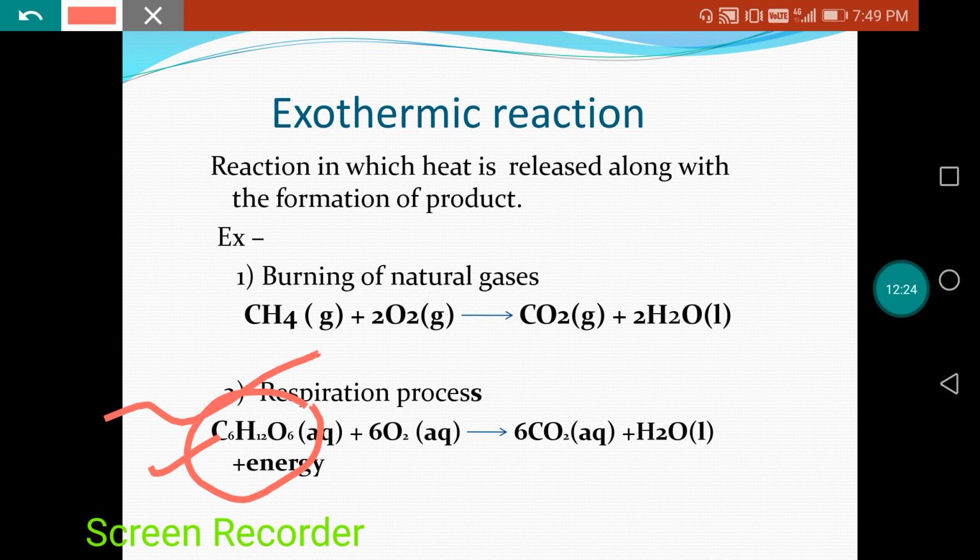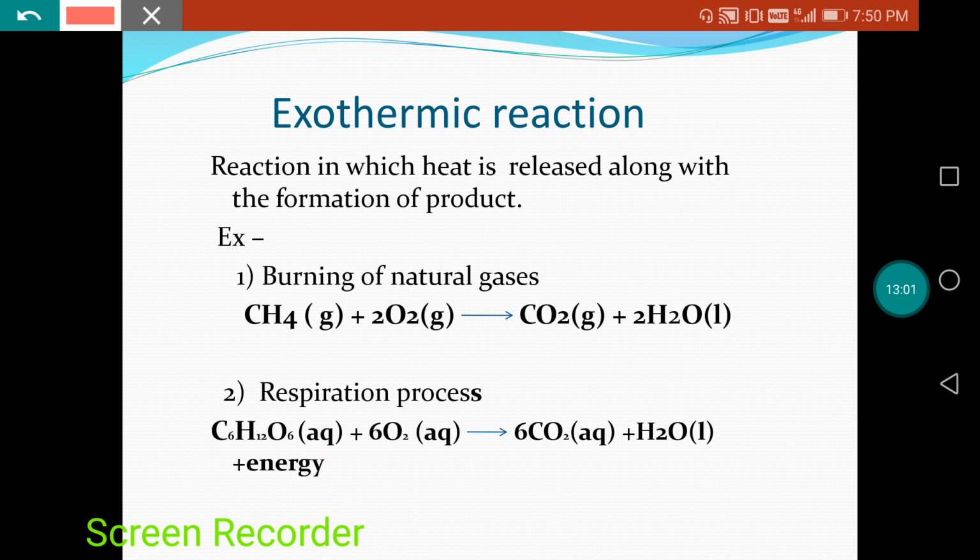When we take in oxygen with the help of our respiratory system, this oxygen reacts with glucose and it is converted into carbon dioxide and water. And here it is written energy. Energy means heat. When glucose is converted into carbon dioxide, you can tell that this is an exothermic process because during this process heat is released.